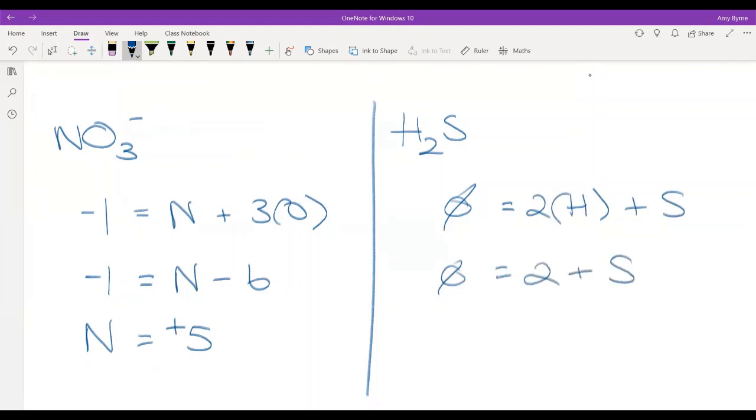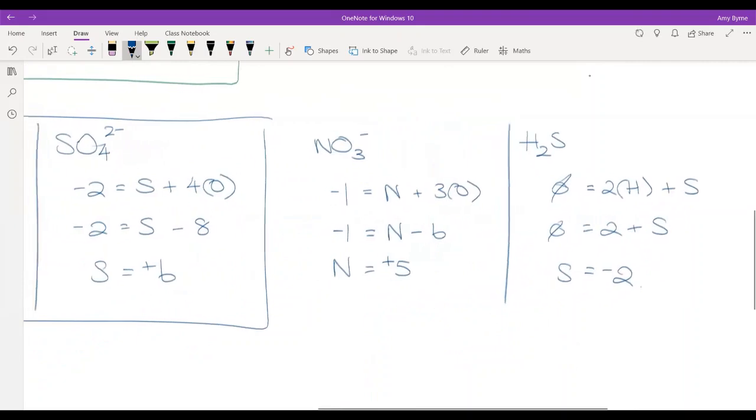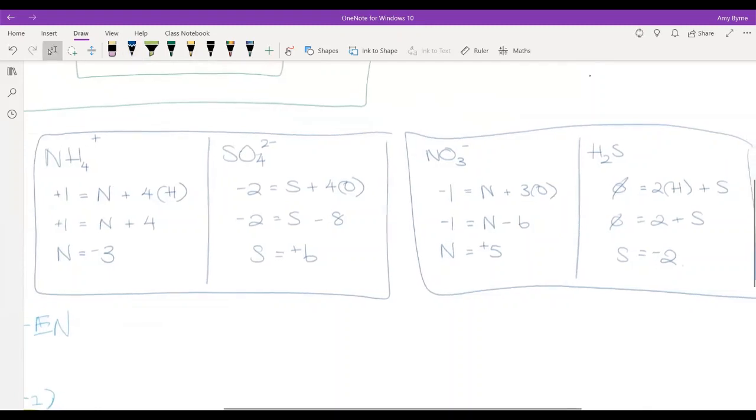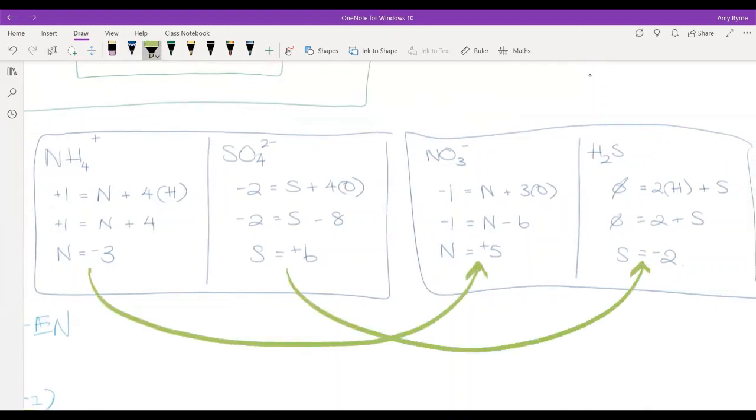Shocking. Plus sulfur. So sulfur has an oxidation state here of -2. So we can see that the elements can have variable oxidation states depending on what they're attached to.